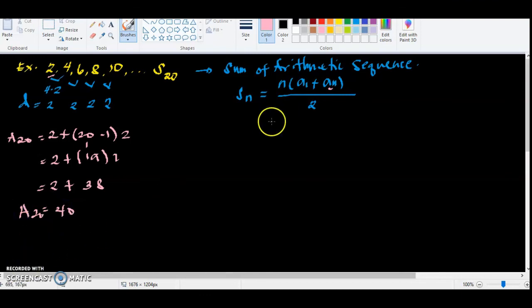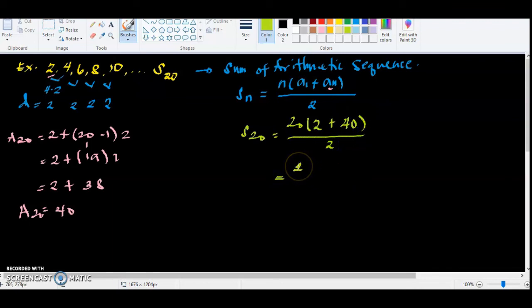Okay, since meron na tayong last term, pwede natin i-calculate yung ating sum of the arithmetic sequence. So to calculate that, let's have this solution. I have S sub 20 is equal to 20 times 2, the first term, plus a sub 20, we have 40, the last term, over 2.